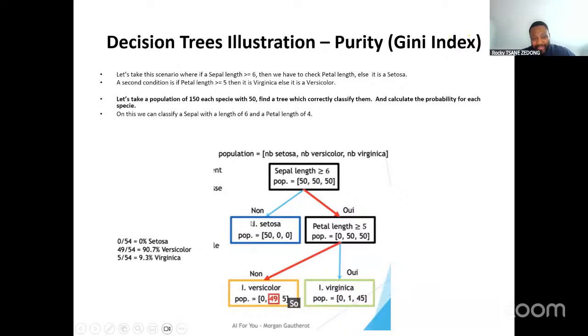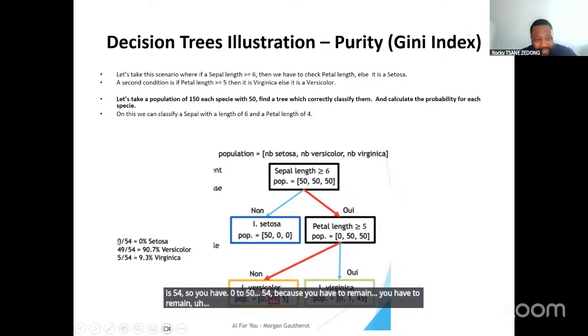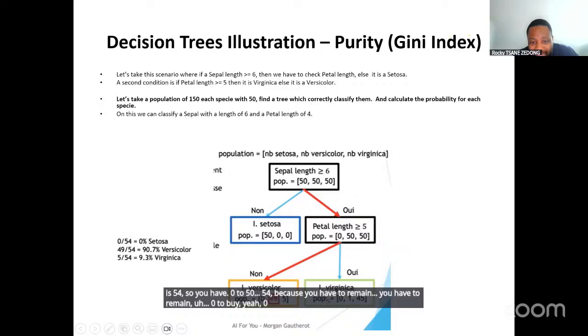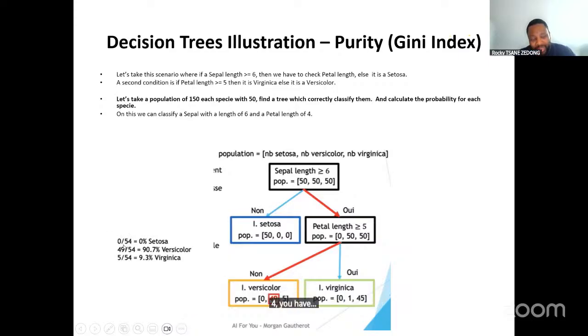So here you have the end nodes for setosa, 50, 4. So we have 0, 50, 4, because we have to remain 0 and 4.